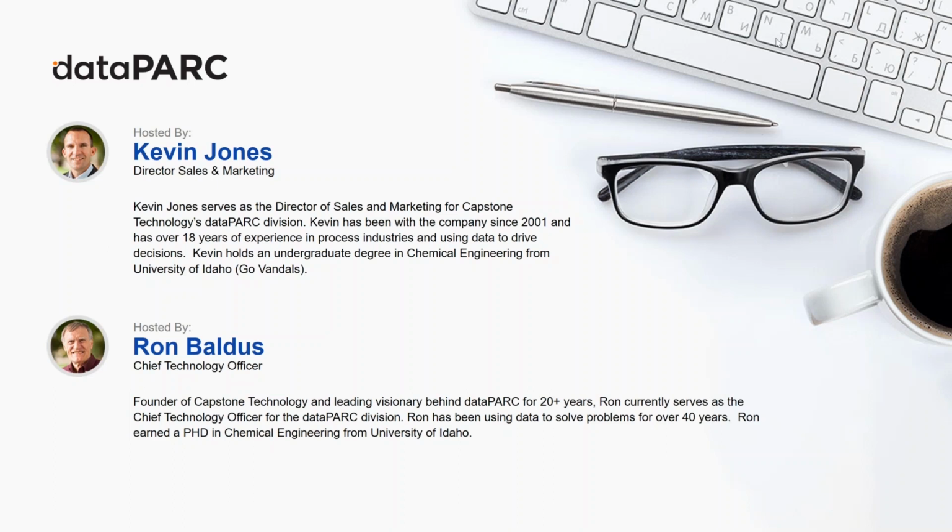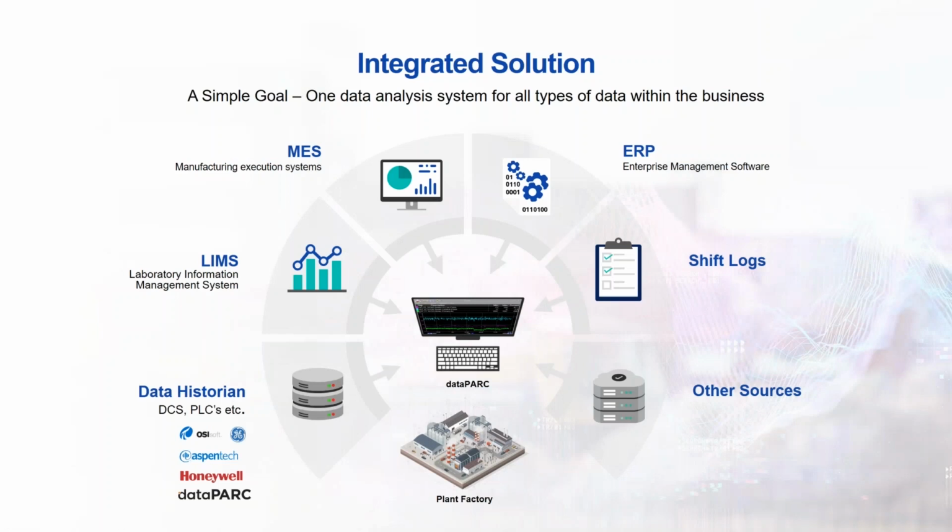Another note for those of you who may not be fully familiar with DataPark: what we're going to talk about today is part of our fully integrated solution. We're talking about a real narrow use of deviation detection, but the data that we'll be talking about can come from anywhere. One of the core aspects of DataPark is the ability to bring data from multiple sources and provide one place to view, analyze, and make decisions from that.